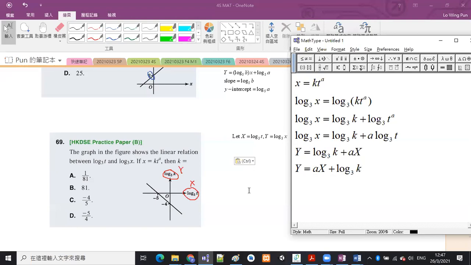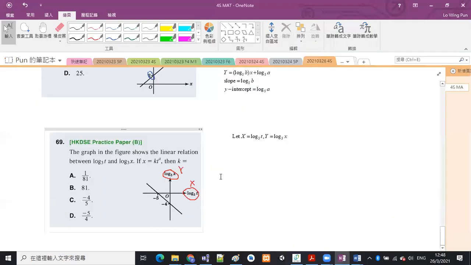Now, this time do we have a slope? We don't, but we do have a y-intercept. So the y-intercept is equal to -4. Our slope is equal to a. Our y-intercept is equal to log k base 3, right?